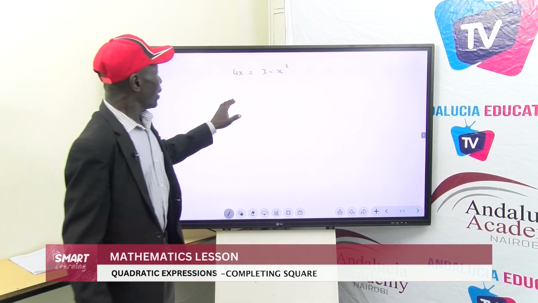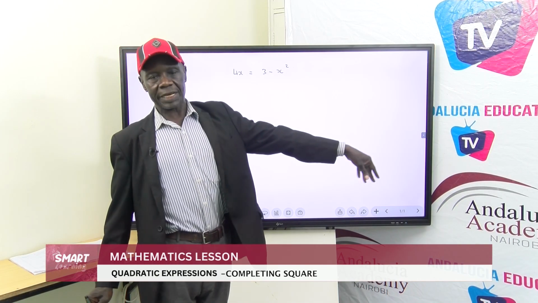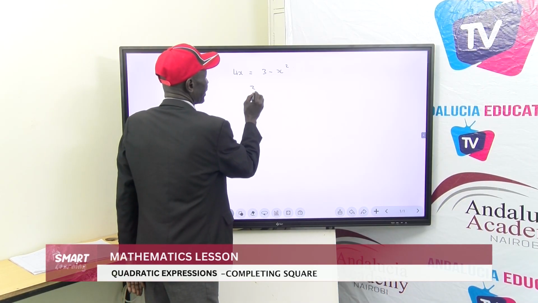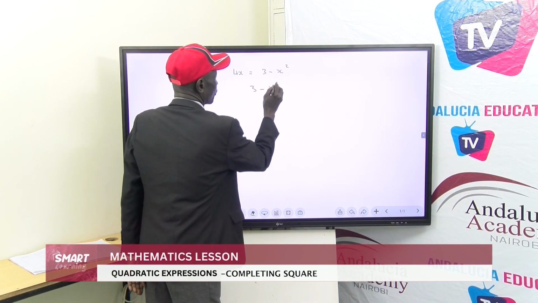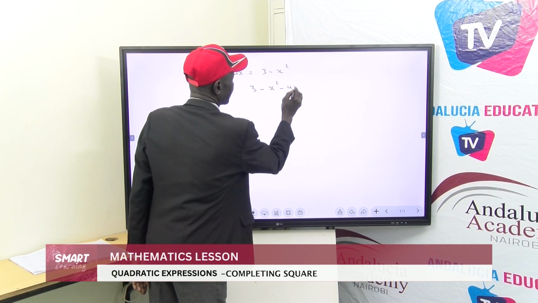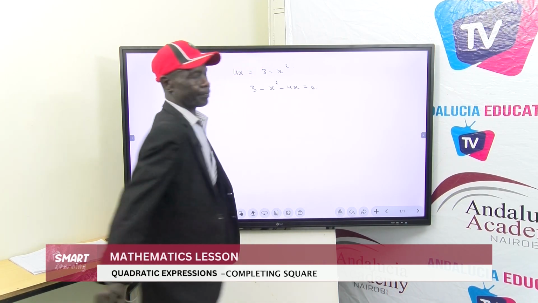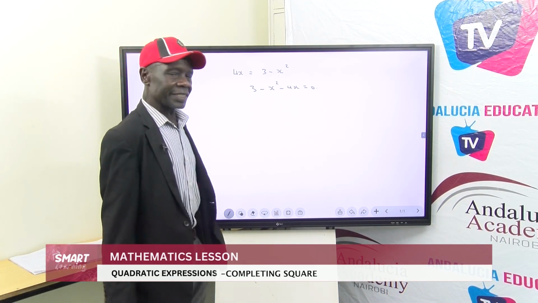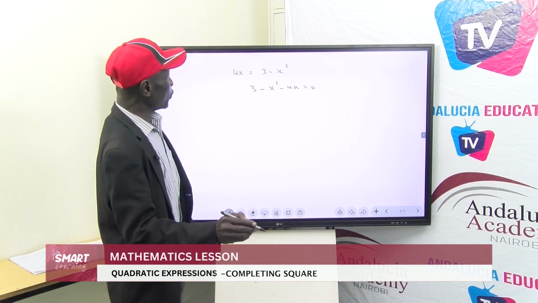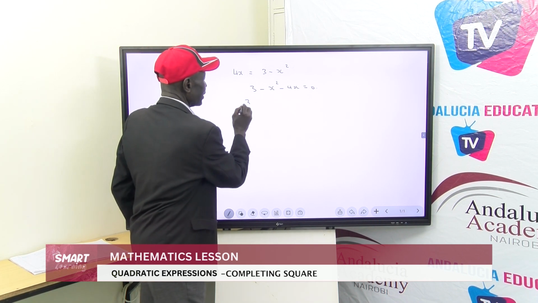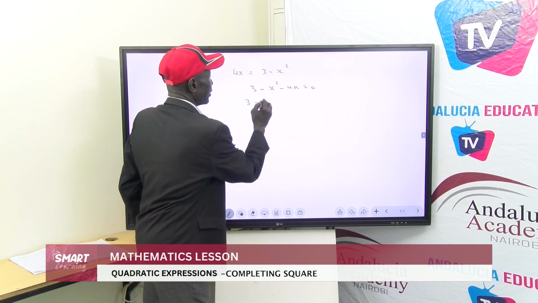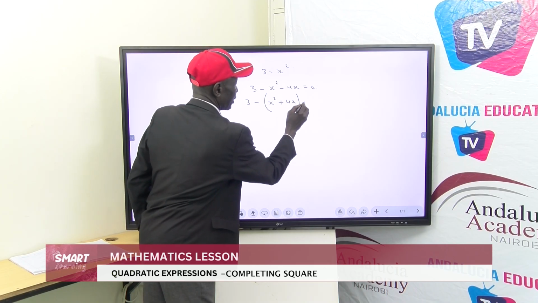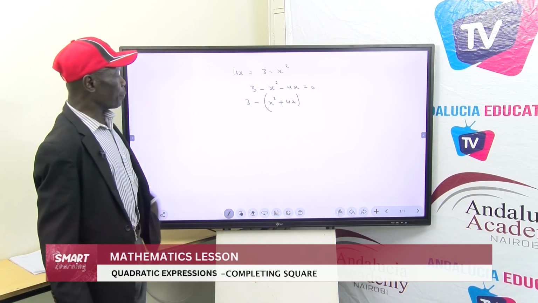One, you can take the 4x to the other side so that you have 3 minus x squared minus 4x equals 0. Now in this case we're lucky because our a is negative 1. So what we do is we write 3 minus, in brackets, x squared plus 4x. Now we can complete squares here.